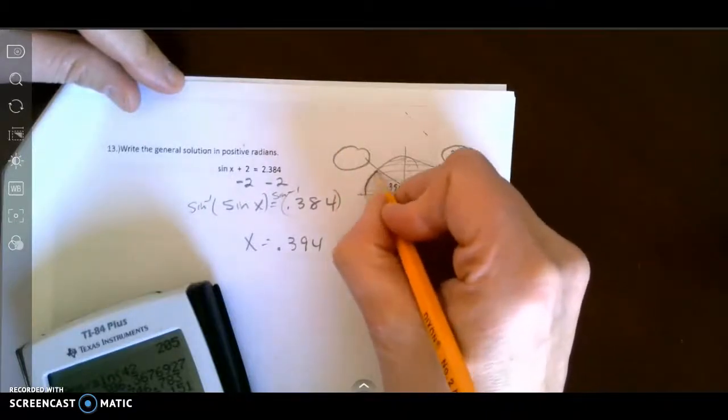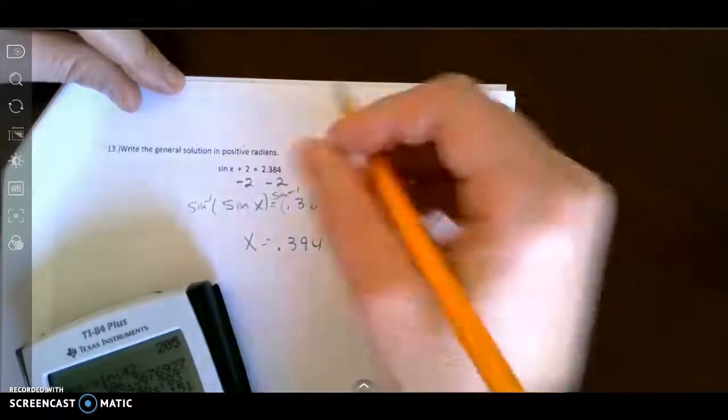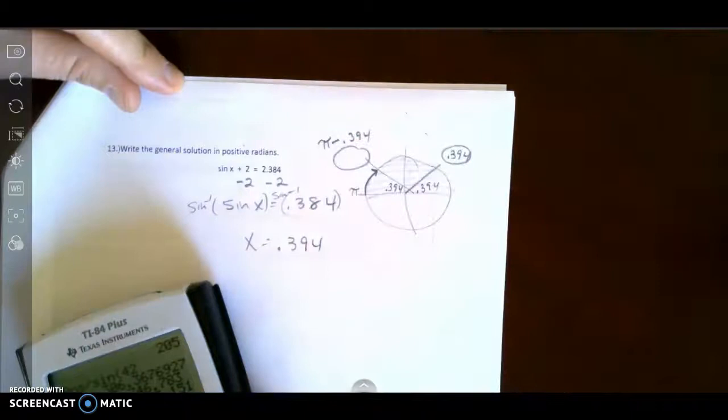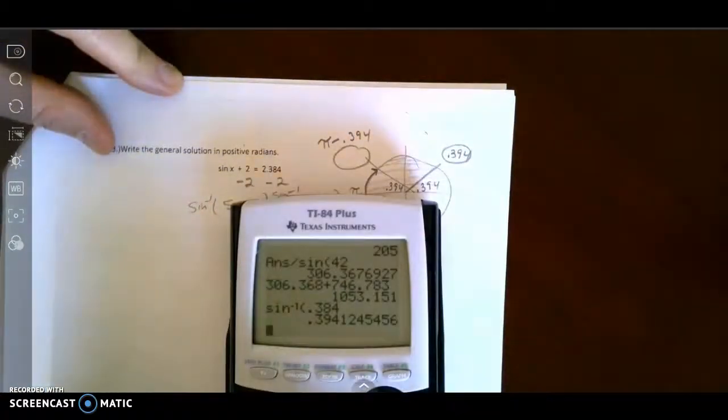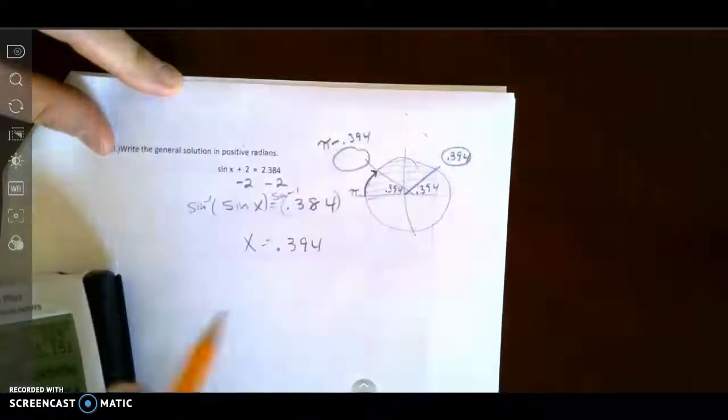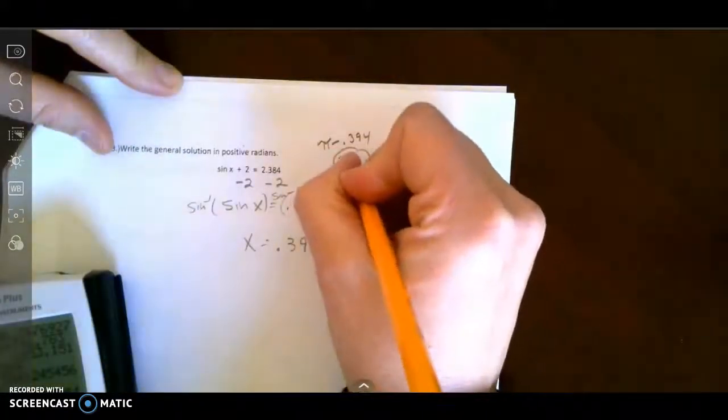And it's headed this direction, so it's going to be pi minus 0.394. Pi minus 0.394, and I get 2.748.